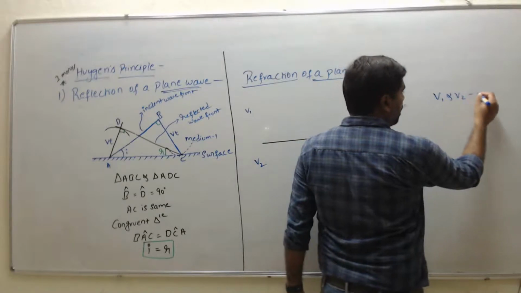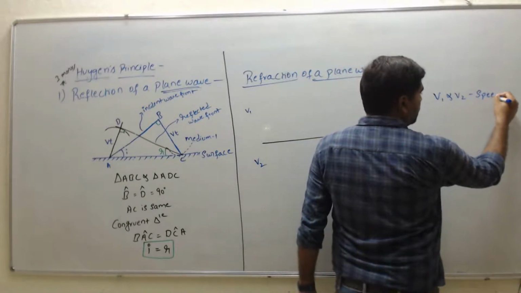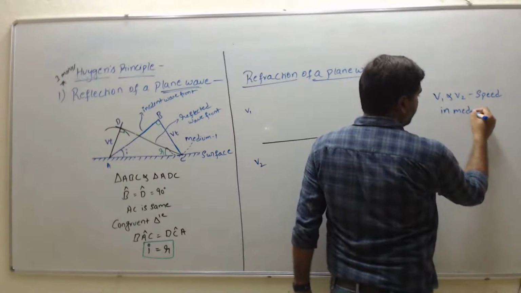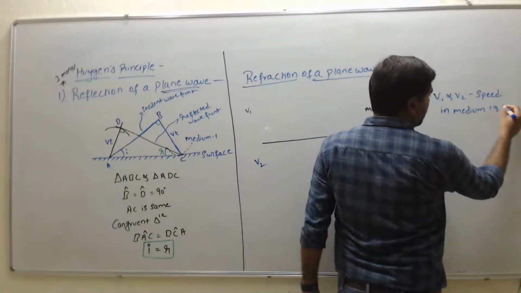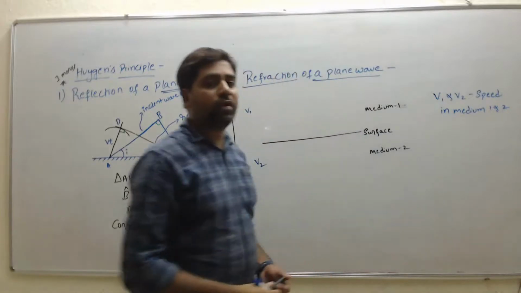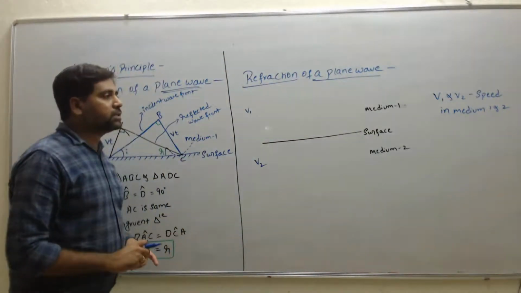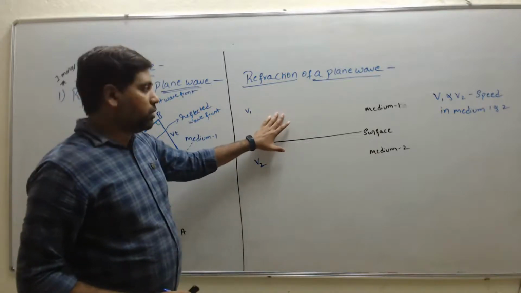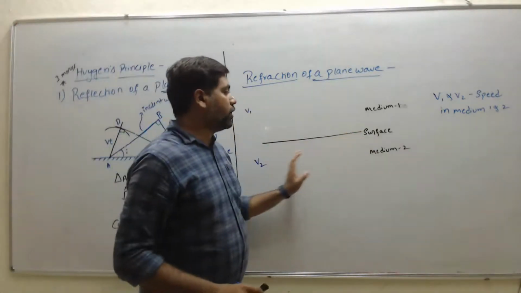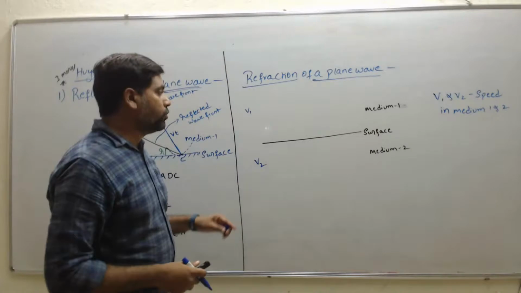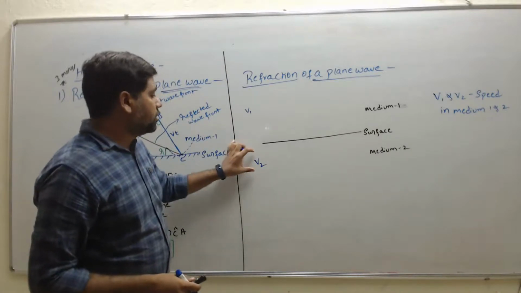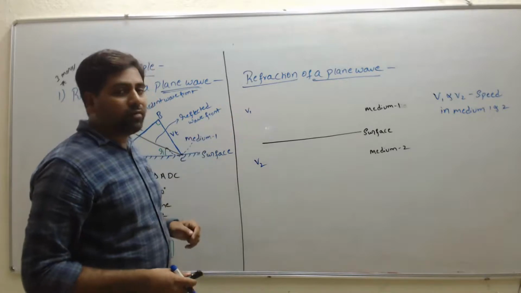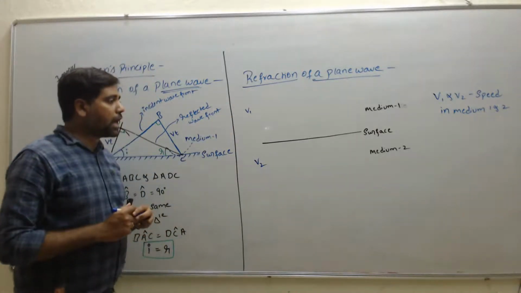So v1 and v2 are the speeds in medium 1 and medium 2 respectively. If we consider that the speed v2 is less than v1, what happens?